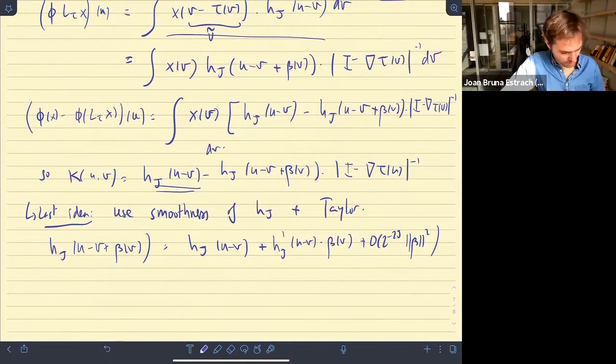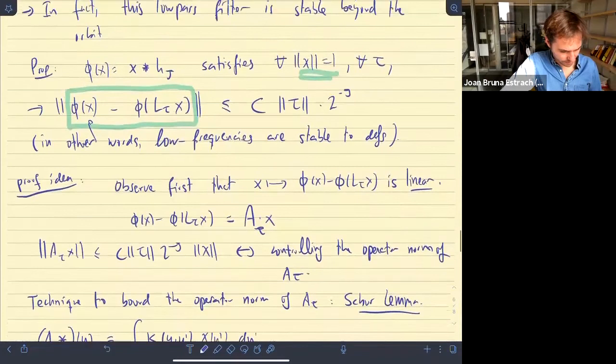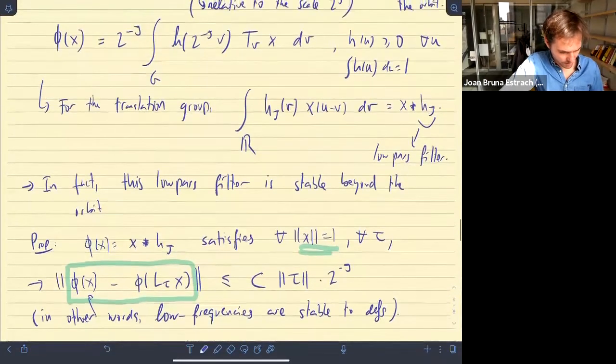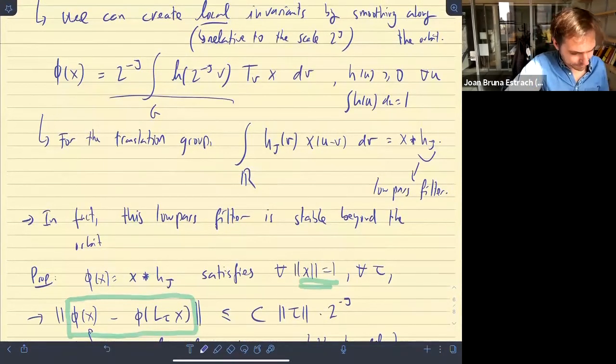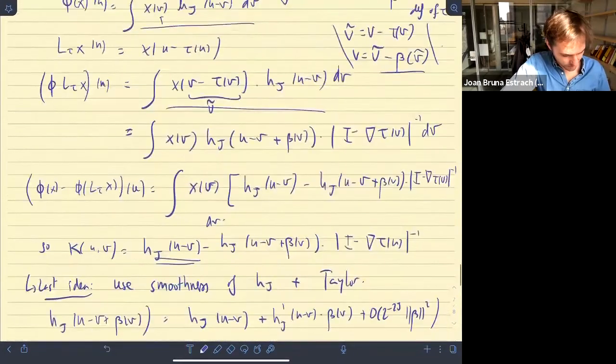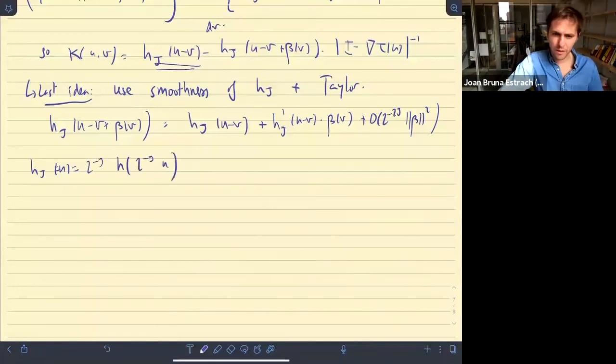And so recall from the definition of the Littlewood-Paley filter here, we call that hj of u is 2 to the minus j times h of 2 to the minus j u.